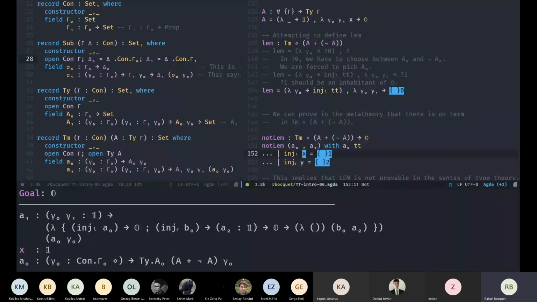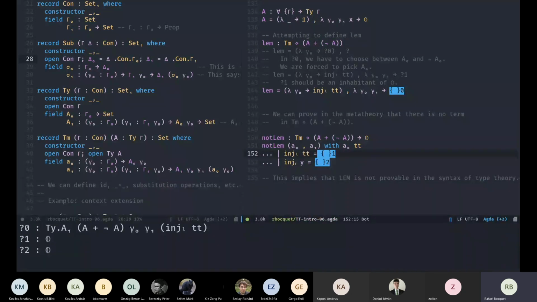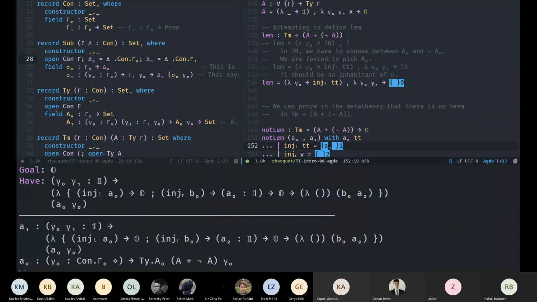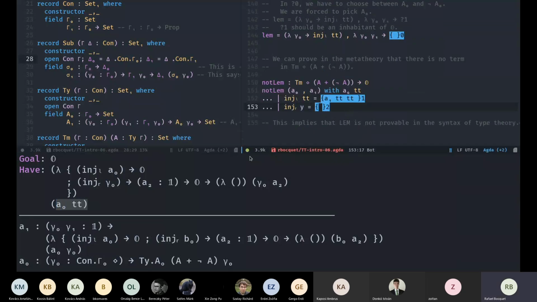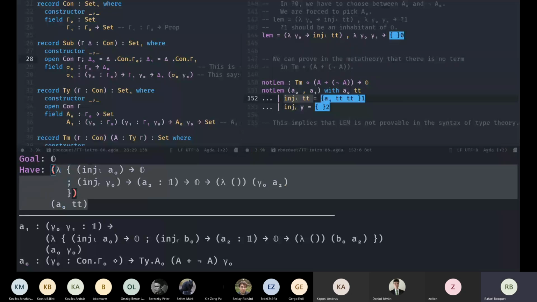Okay. In this case, we learn that A0 is in the left side, but this means that A1 has to be... okay, so in this case, we should learn that A0 TT is equal to this, but this has not been learned by Agda, so we will need to do some work.